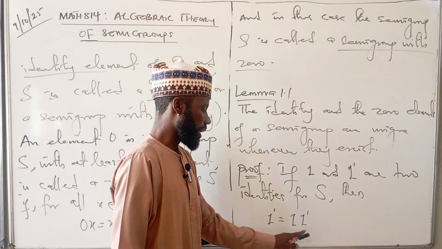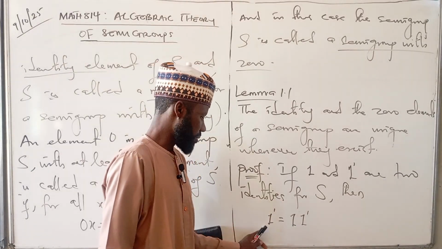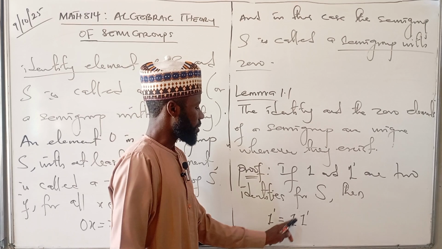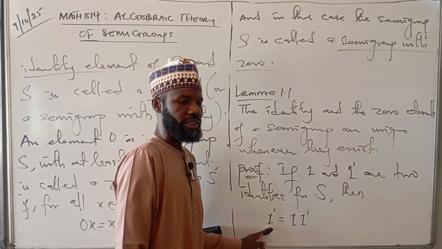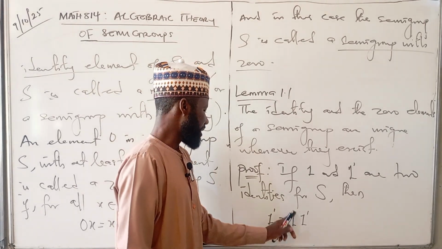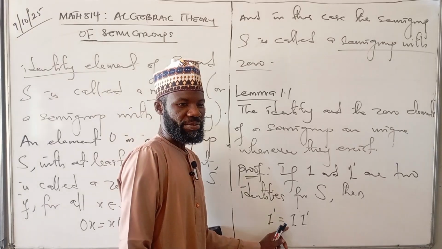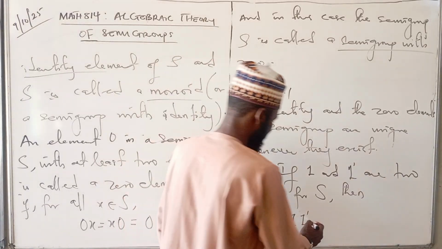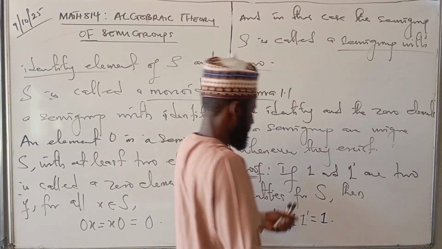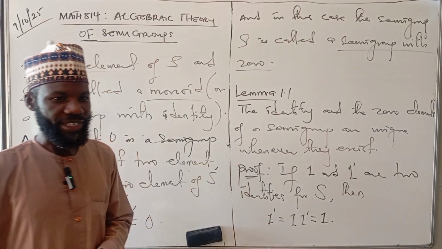If you multiply the identity times some element, you still get the element back. So since 1 is an identity, this gives us 1 prime. But 1 prime is also an identity, so if I multiply 1 with 1 prime, I still get 1.